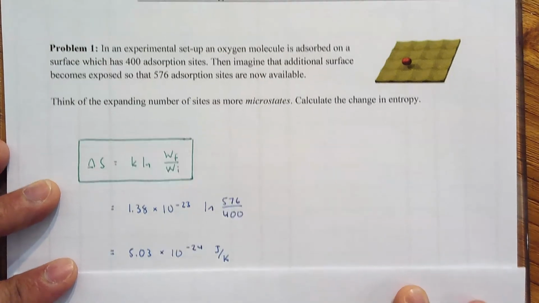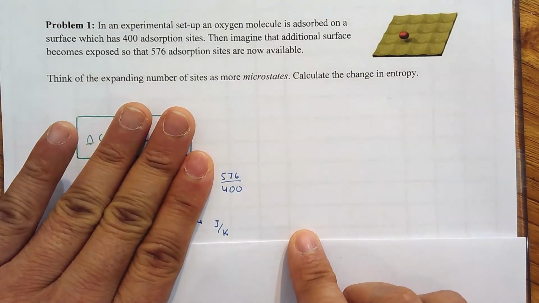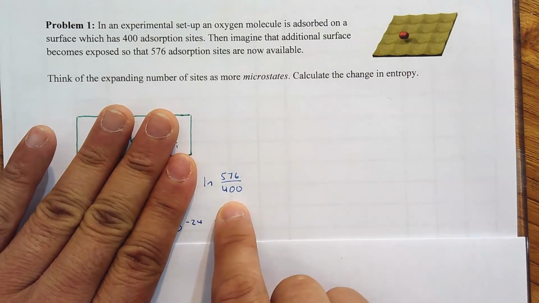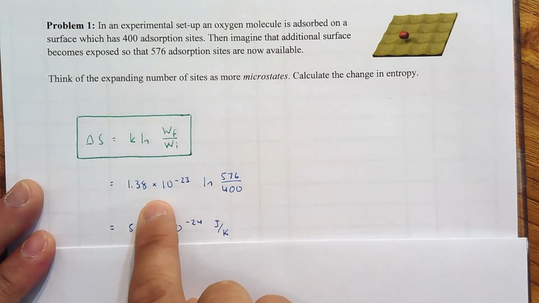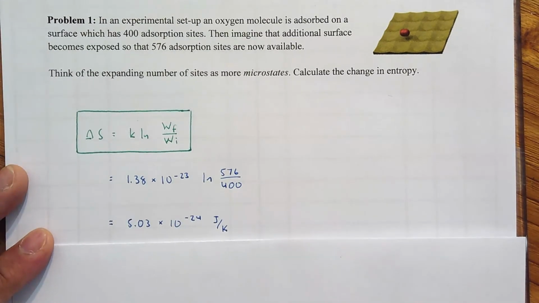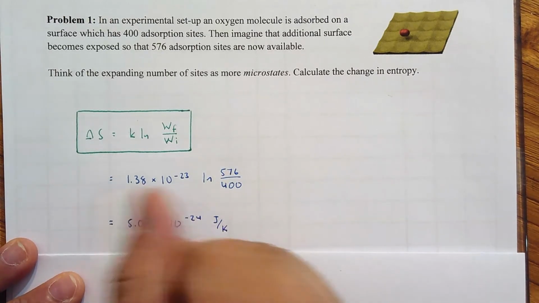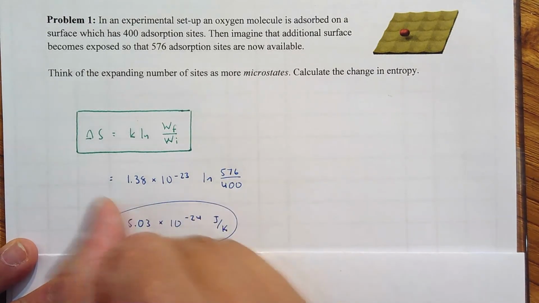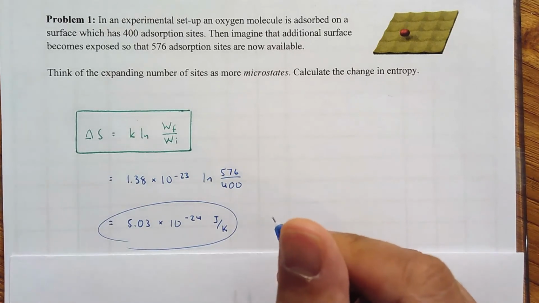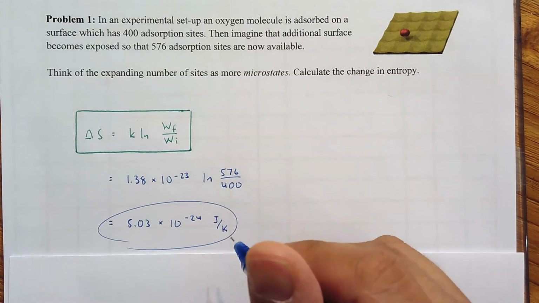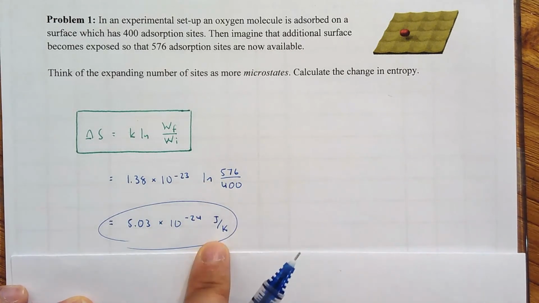What I would do is, actually, I would do this calculation first, and then say ln of that answer, and then that answer times the Boltzmann constant. The answer that I got is 5.03 times 10 to the minus 24 joules per Kelvin. The unit analysis works out well, and don't forget, in your final answer, write the units.